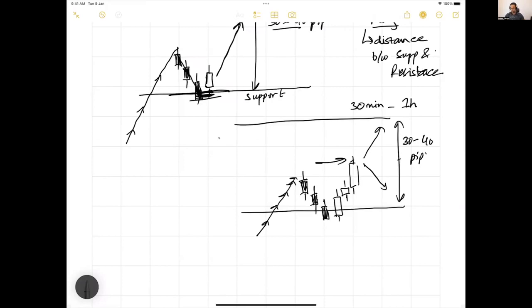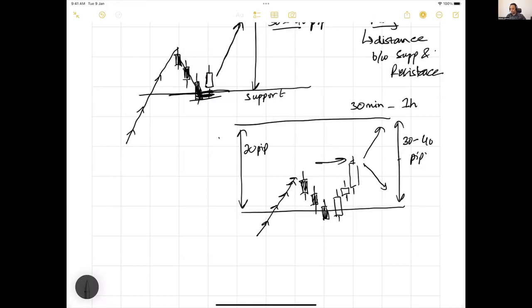So this is your range, right here. You always have to measure your range. Measuring the range is going to save you a lot of headache, because let's say, for example, that this range, instead of 30 pips, is 20 pips.